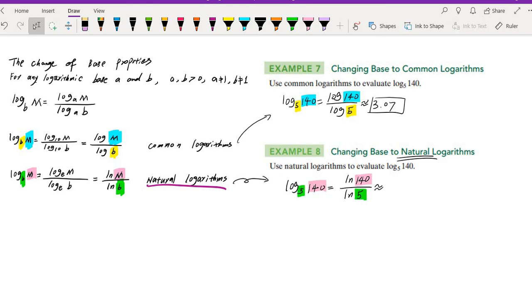You plug in the natural log 140 over natural log 5, you're going to get actually exactly the same as 3.07. If you evaluate something, you definitely should get exactly the same answer. Okay, just make sure you read your question. Sometimes they want you to use the common logarithms, sometimes they want you to use the natural logarithms.